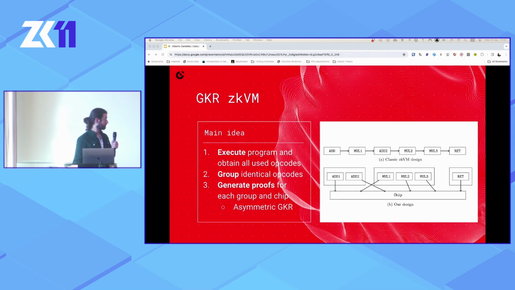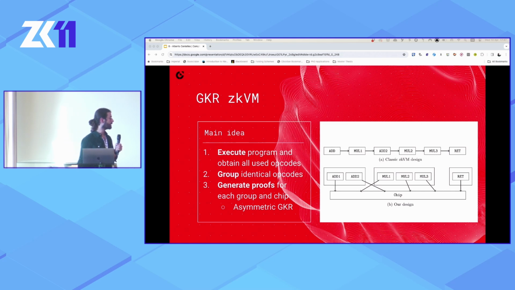So the main idea is that they execute the program, so they know which opcodes are used in the program, and then they group these identical opcodes. That varies depending on which program you are computing. Then they generate proofs for each of these groups, and also a proof for the chip that glues all these opcodes together, meaning that it preserves the global state and the sequentiality of these opcodes.